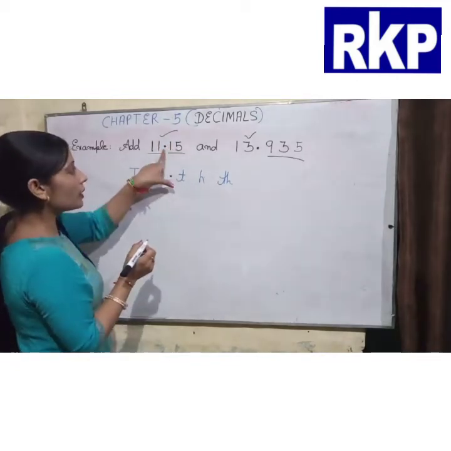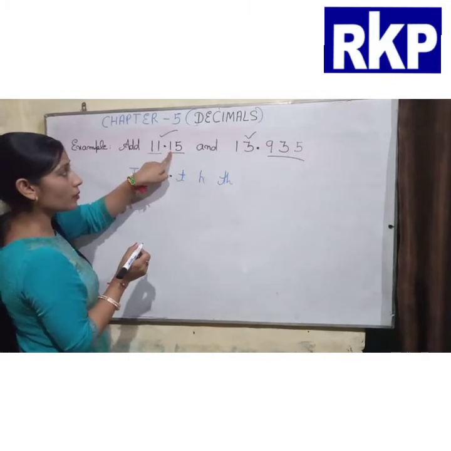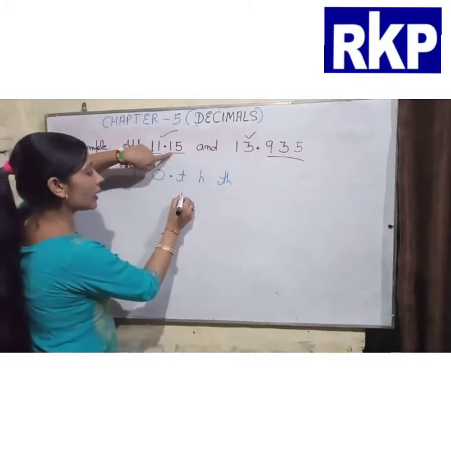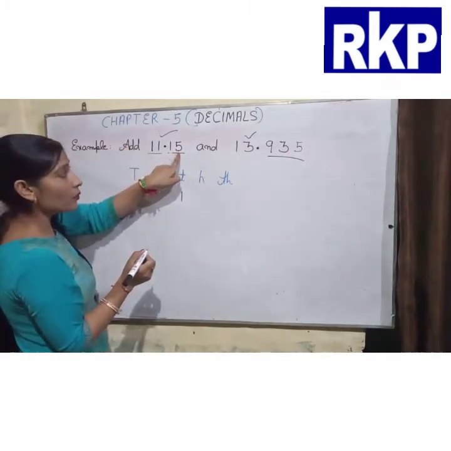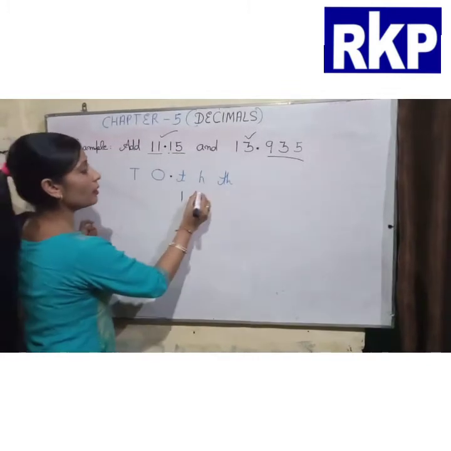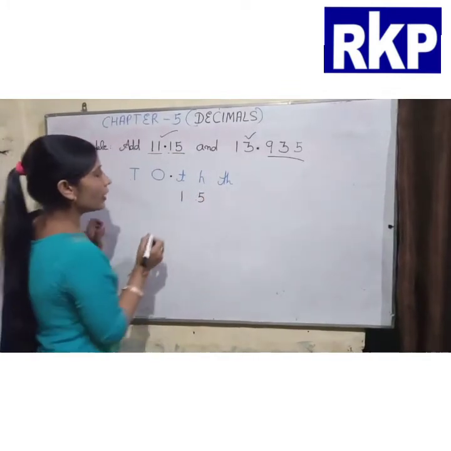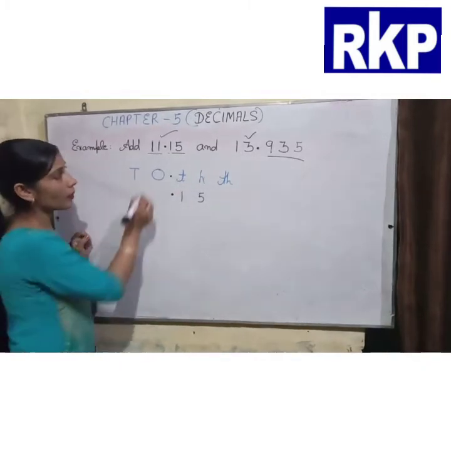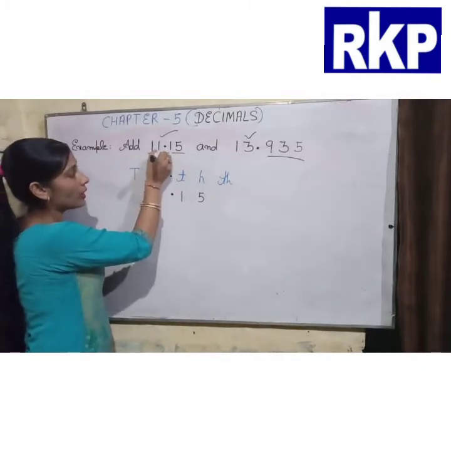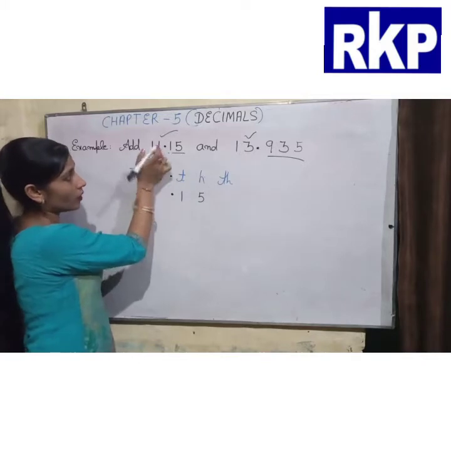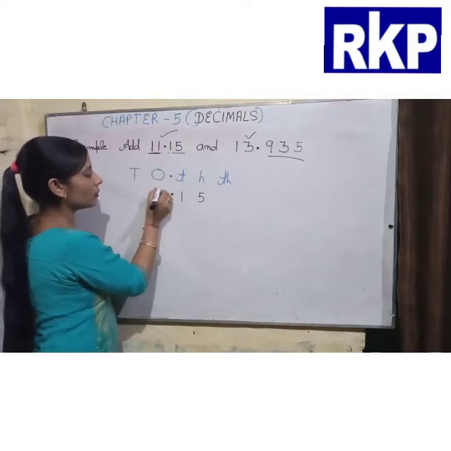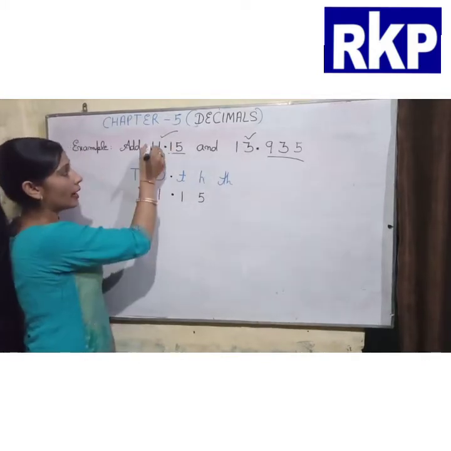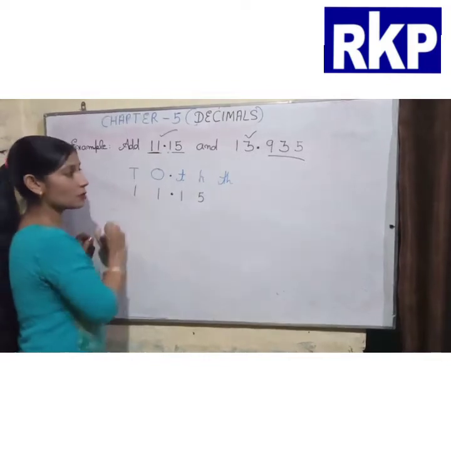So 1 will come in the tens place and 5 will come in the hundredths place, and before 1 we have the decimal. Now here we have 11 as a whole number, so 1 will come in the ones place and this 1 will come in the tens place.